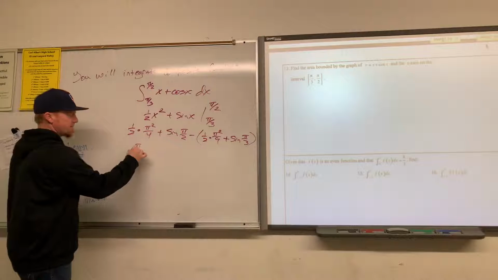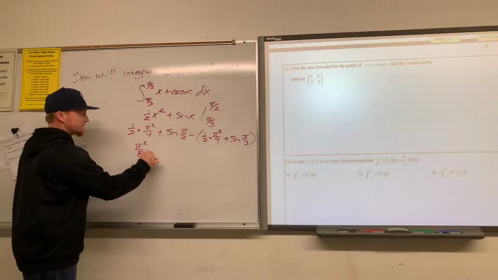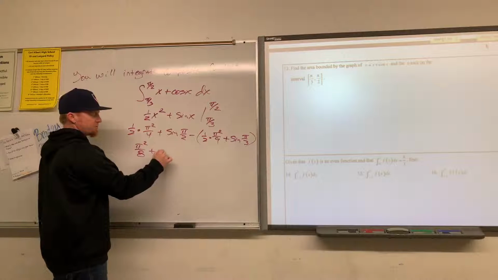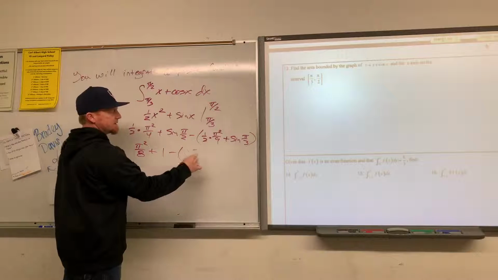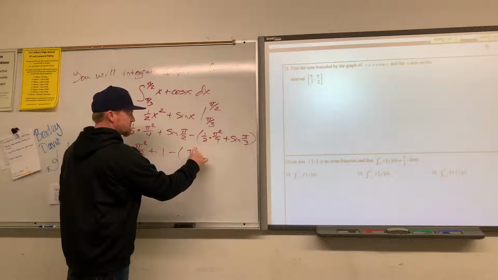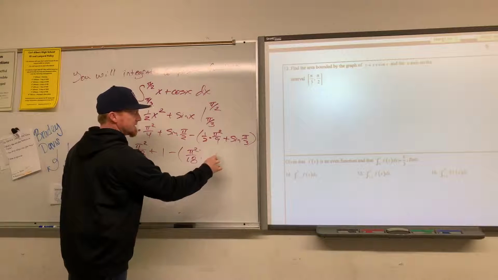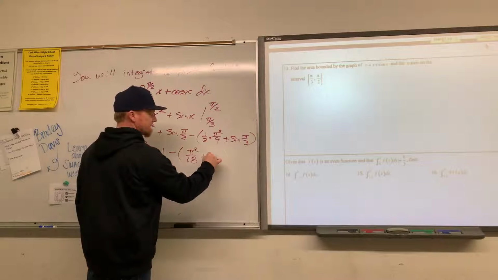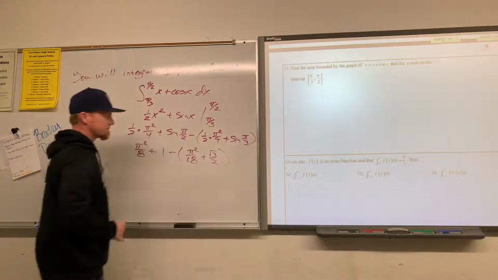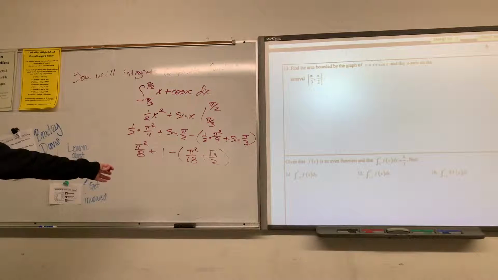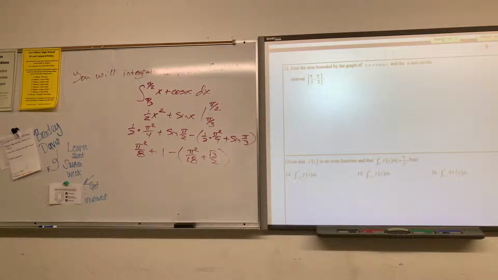So right here I get pi squared over 8. Right here, sine of pi over 2 we should know is 1. I get pi squared over 18, and sine of pi over 3 we should know is square root of 3 over 2. I'm happy with that answer if that's what you give me.